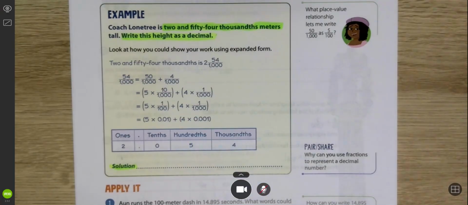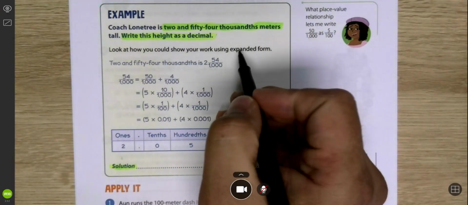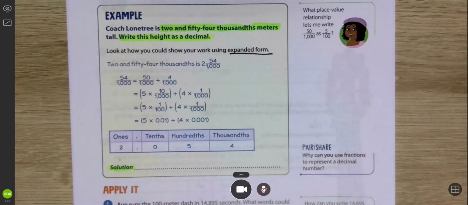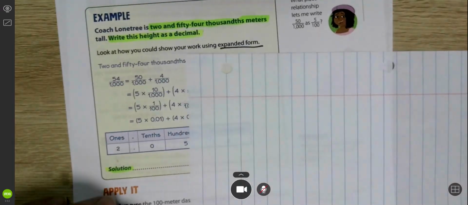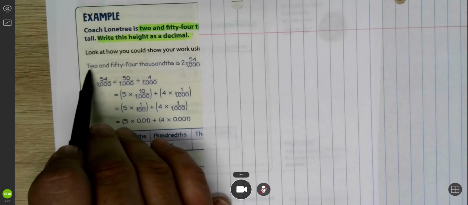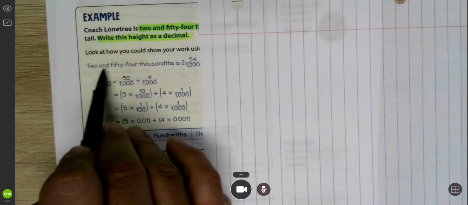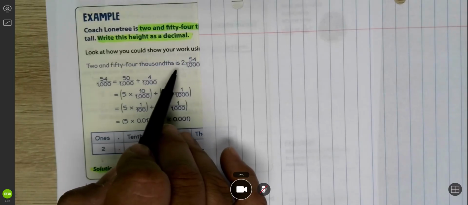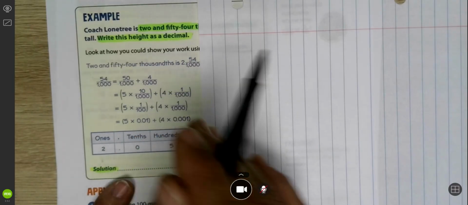What they want us to do is see how to use expanded form to show our work. They're doing something here, okay? So they're taking the word form and they're transferring it into a mixed number.